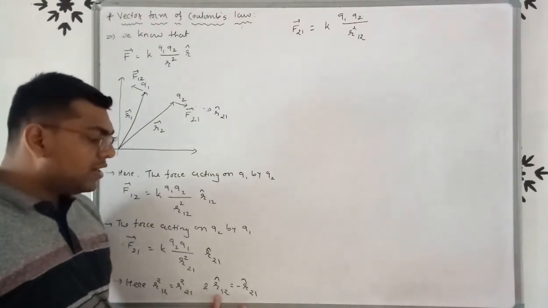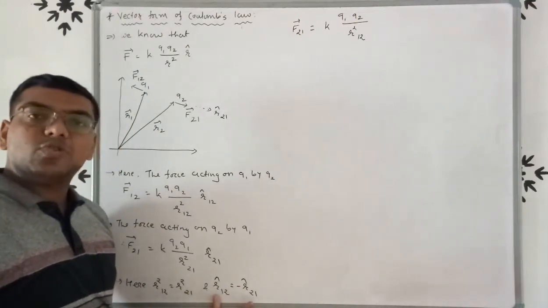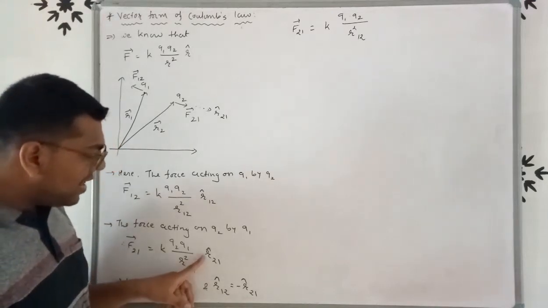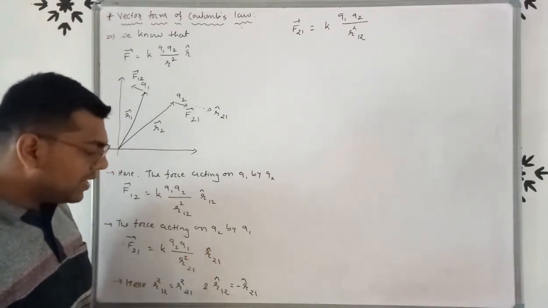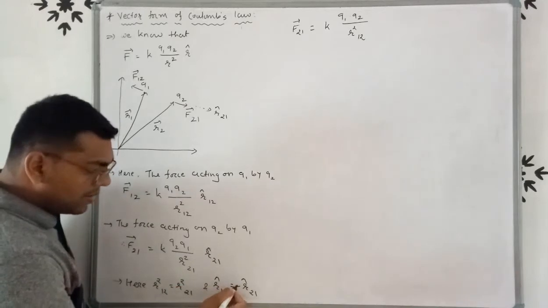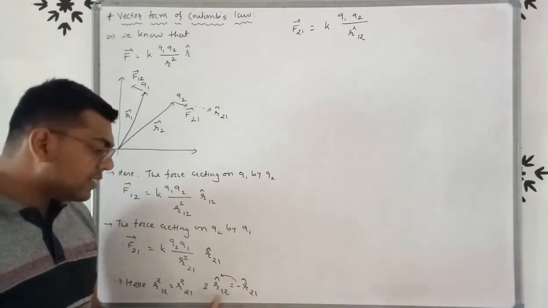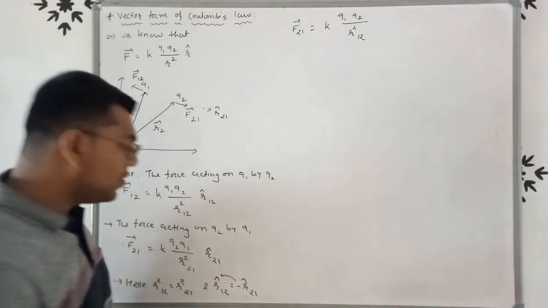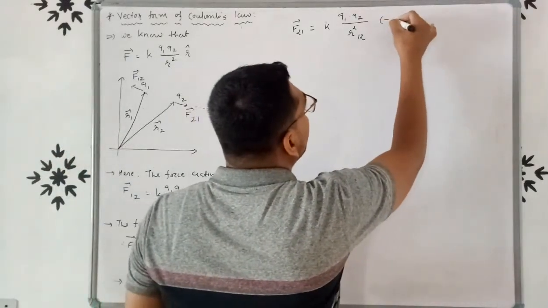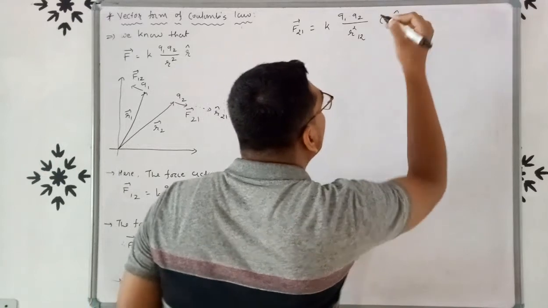Now see, here R cap 12 and R cap 21 are opposite. So if we take the minus to the left hand side, R cap 21 is equal to minus R cap 12.